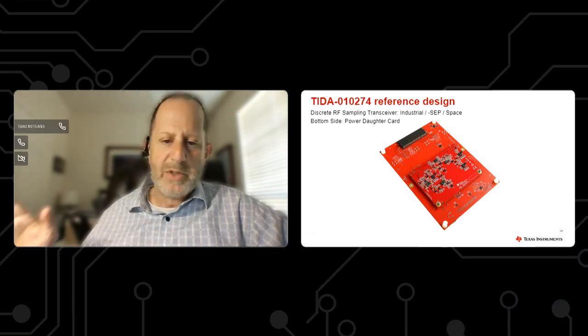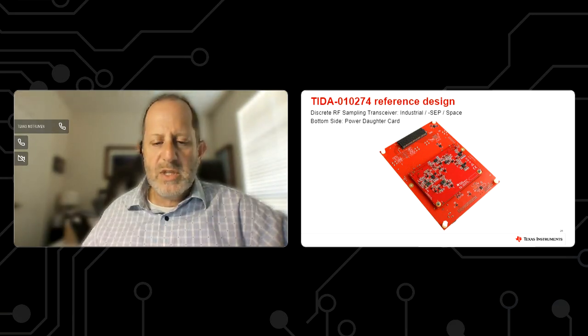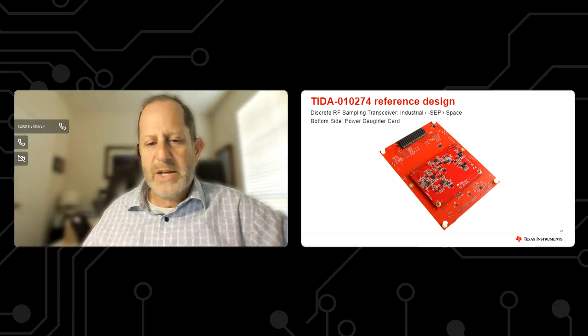I can pop on the full space grade power solution. If I want to compare that to the industrial power solution, I can do that. Without having to change the data converter board, I can try out different power solutions and debug any problems and things like that. So this has been a nice approach for being able to look at the combination and comparison of all these different power solutions.